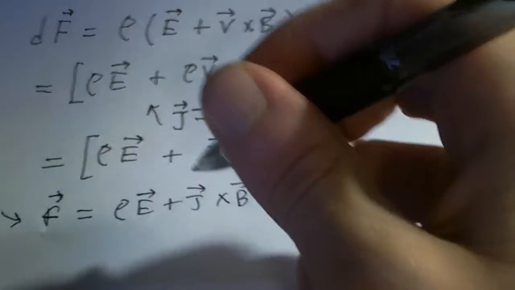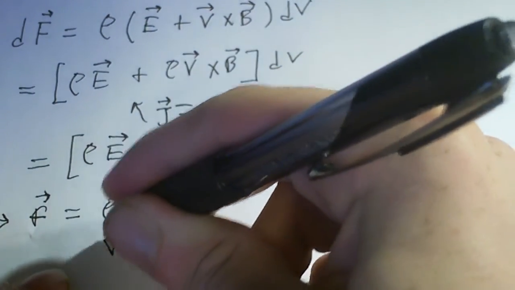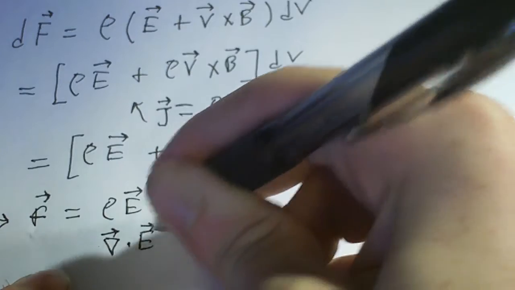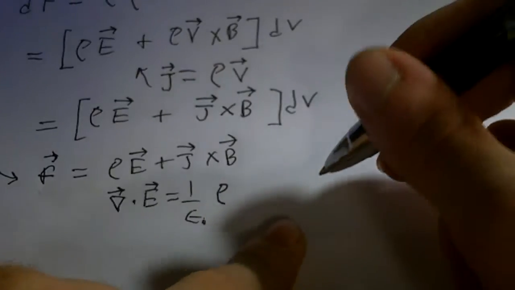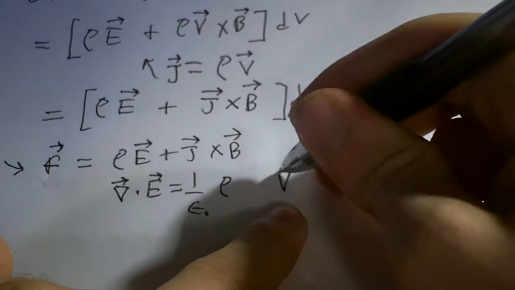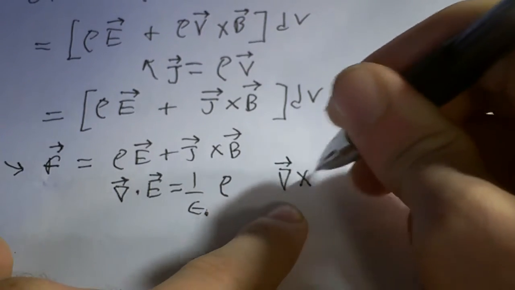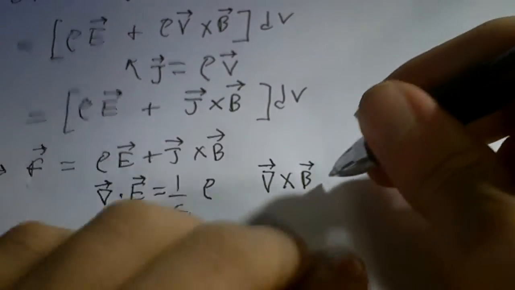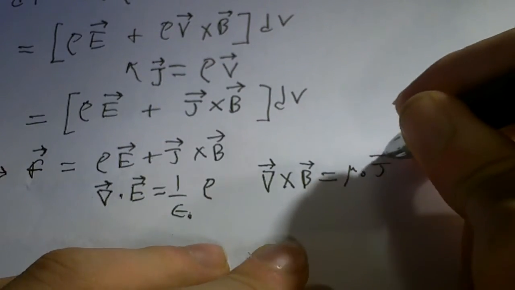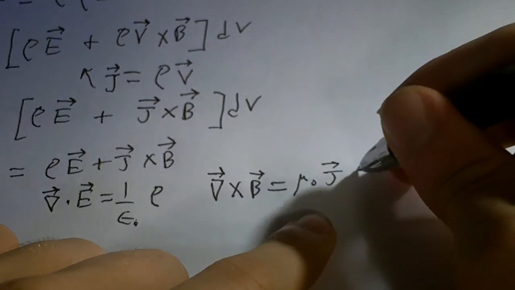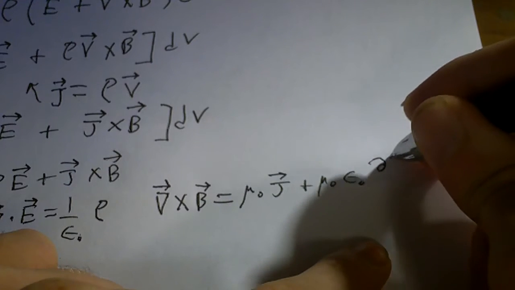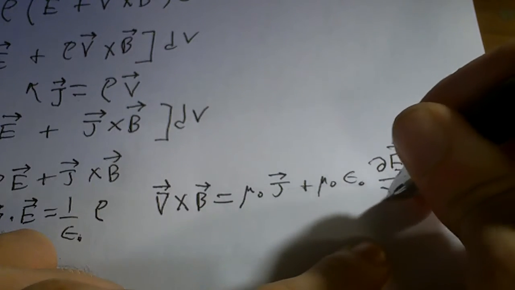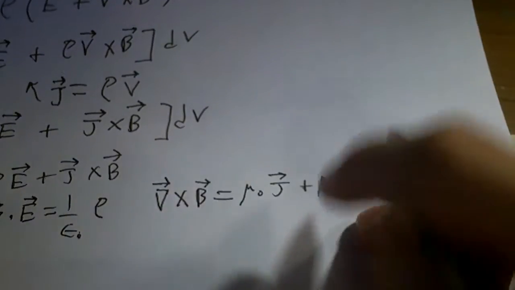So from Maxwell's equations, the divergence of the electric field is equal to 1 over epsilon sub naught times the charge density. And from Ampere's law with Maxwell's corrections, the curl of B equals mu naught J plus mu naught epsilon sub naught times dE dt, the change of the electric field with respect to time.